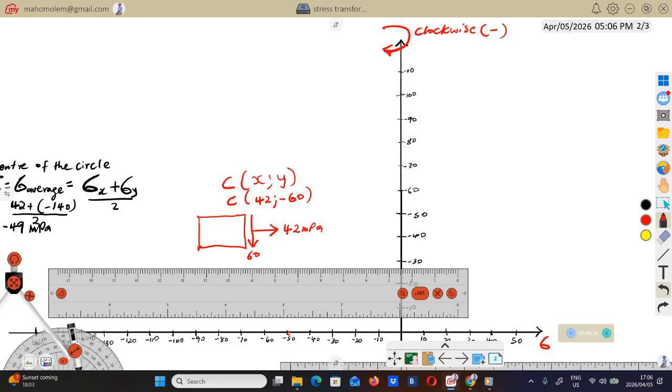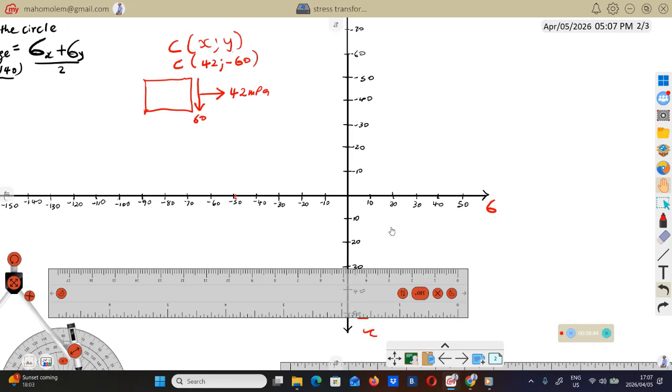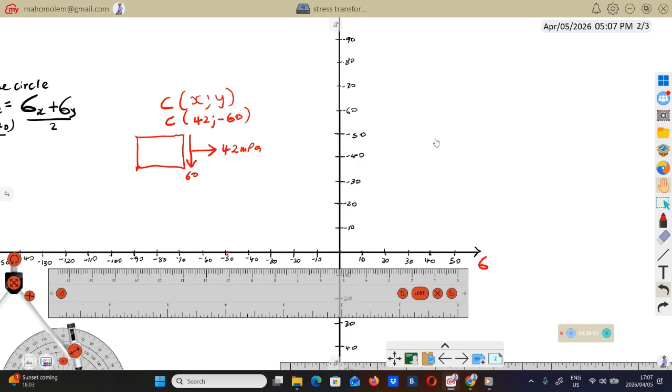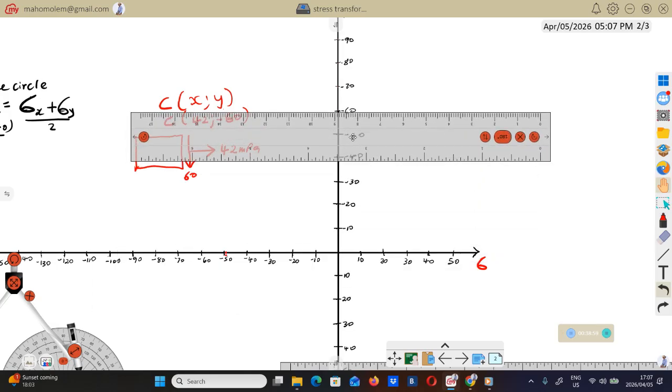So we have negative 60. That's why we're not going to plot that 60 below this horizontal line. Below this horizontal line is positive shear stress. So now we have negative shear stress, so that's why we plot it above. So here is your 60.